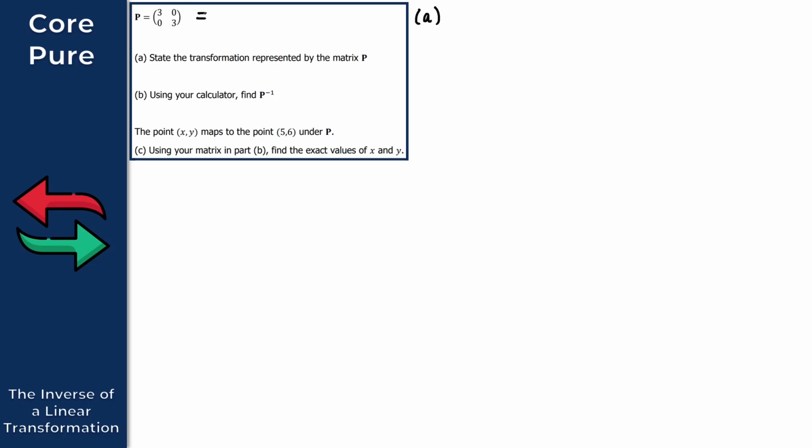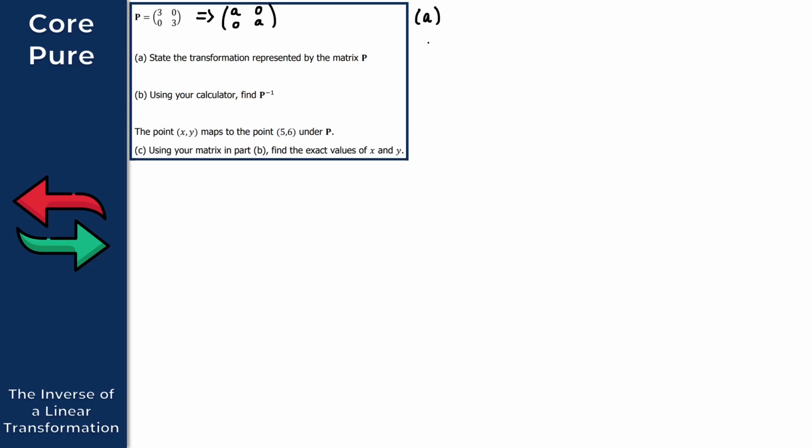So this matrix is of the form (a, 0, 0, a). This matrix just represents an enlargement with center (0, 0) with a scale factor of a.